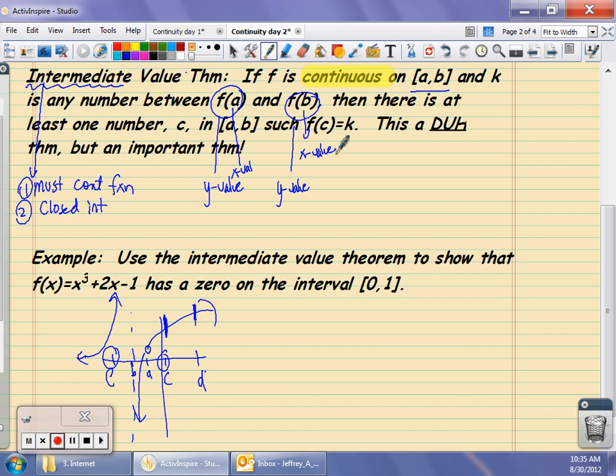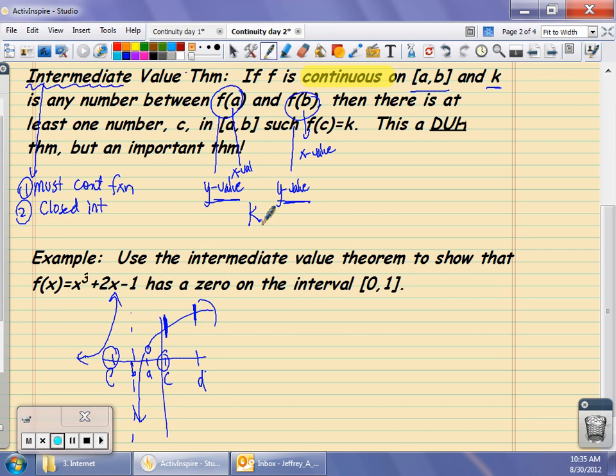So k is any number between f of a and f of b, or k is a y value, because what it says is that k is between f of a and f of b. F of a is a y value, f of b is a y value, so we're talking about any number between f of a and f of b.